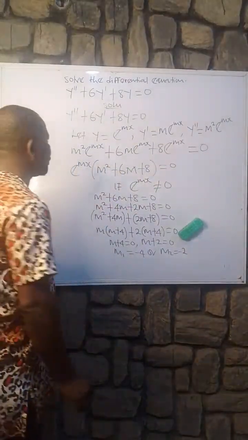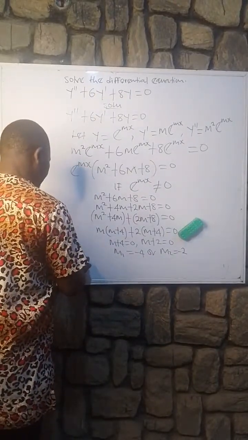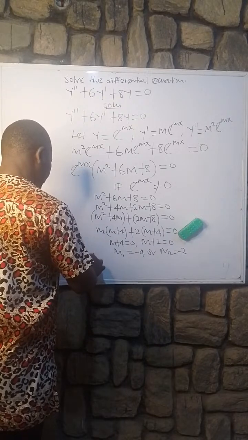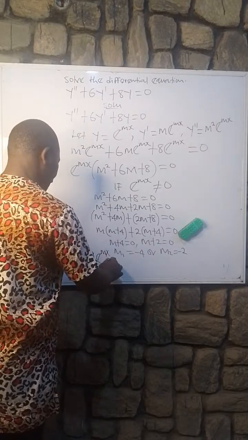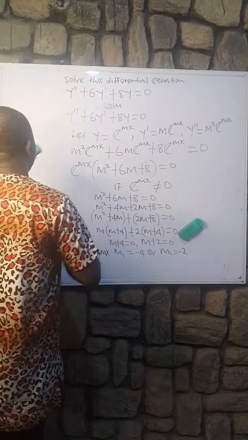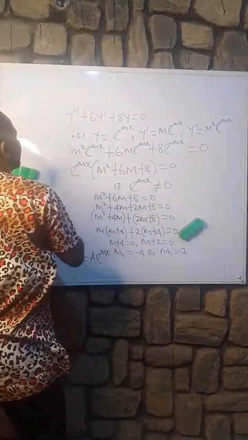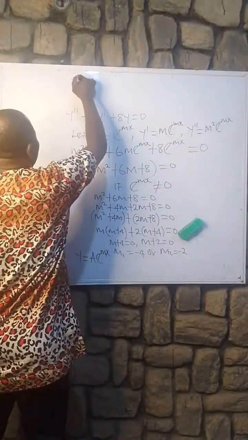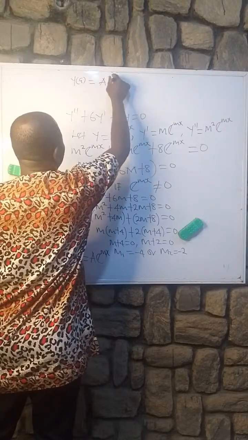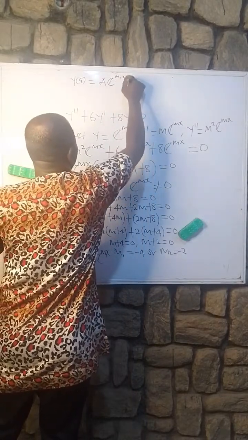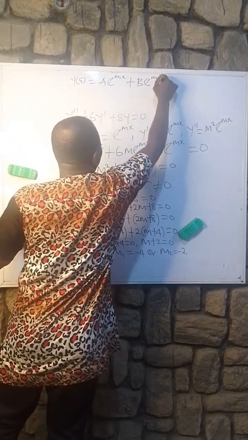So now the general solution will be, let me write it up here, y general equals a exponential m1x plus b exponential m2x.